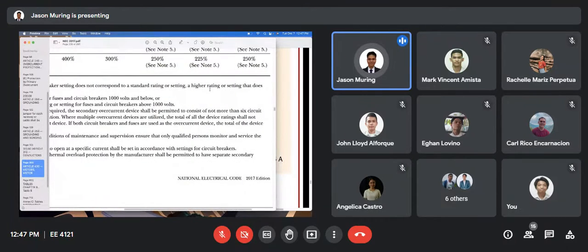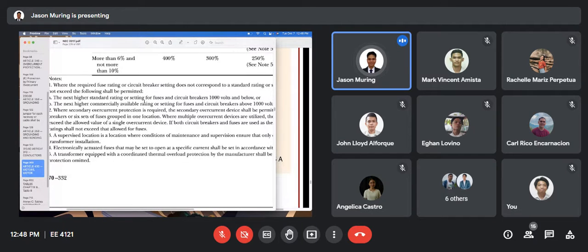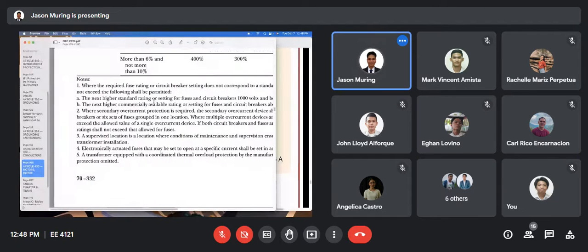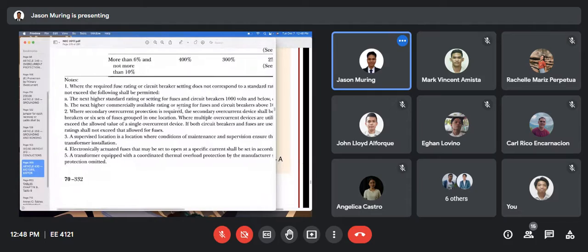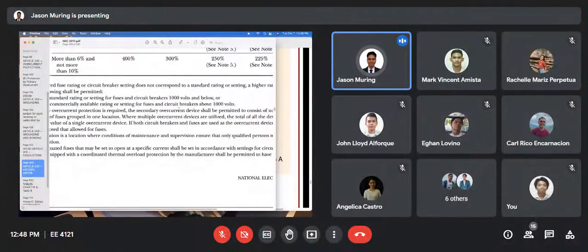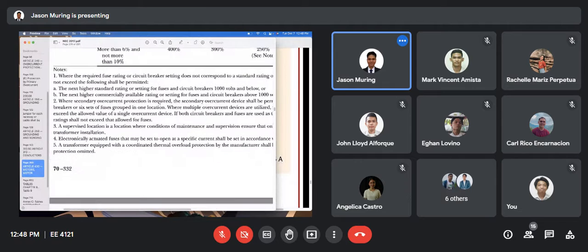Higher rating or setting that does not exceed the following shall be permitted. So A, next higher standard rating or setting for fuses and circuit breakers, 1000 volts or below. Next higher commercially available rating for fuses and circuit breakers above 1000 volts. For secondary, commercial.